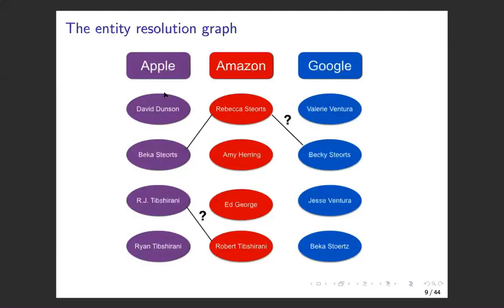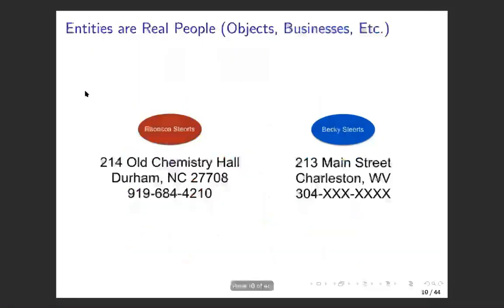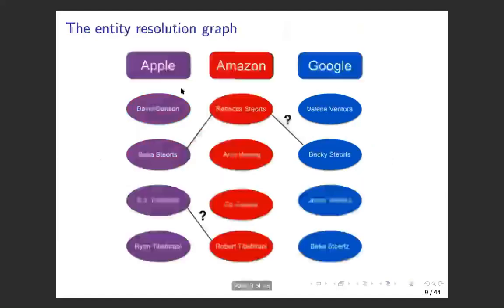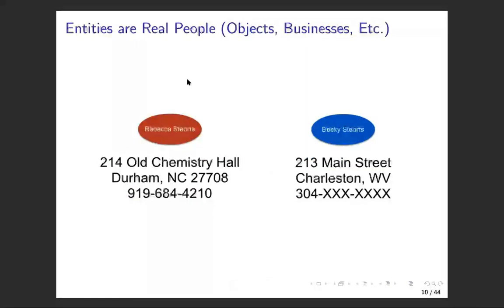Now, what I'm also assuming is that I have multiple databases. I might have duplicates within and across the databases. And again, as I said, I might have information behind each node, information about the individual. So here I have an address that is publicly available, my address at my Duke office.